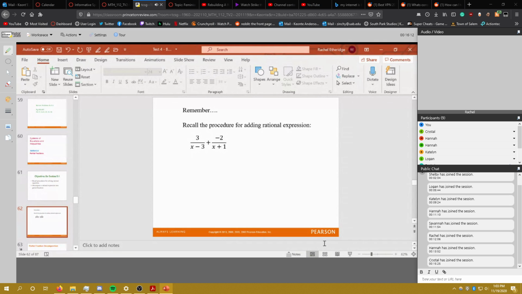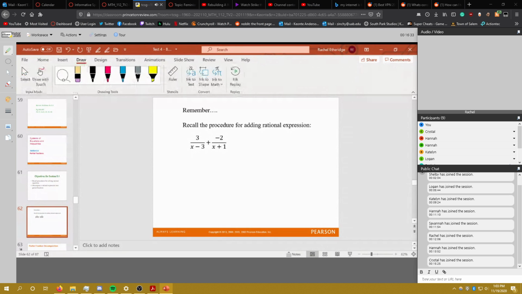So the first thing we want to do is remember how do you add rational expressions? We add rational expressions by getting a common denominator. So over here to the side, I'm going to write the least common denominator for those two expressions.